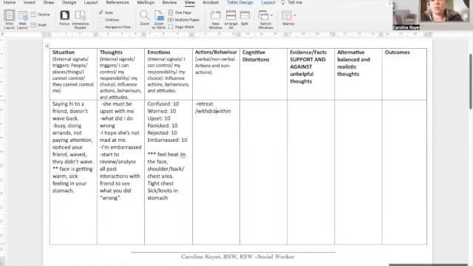Withdraw within. So internalize. So internalizing feelings and the situation, and just absolutely retreat and overanalyze to try and fix.